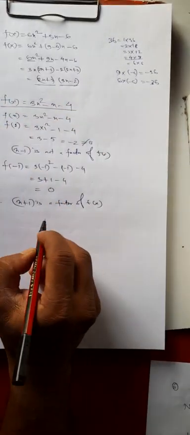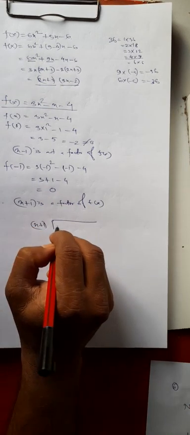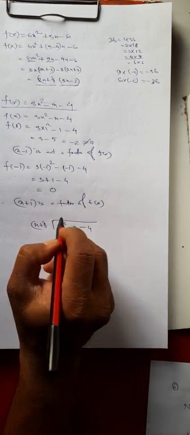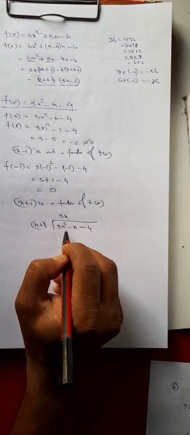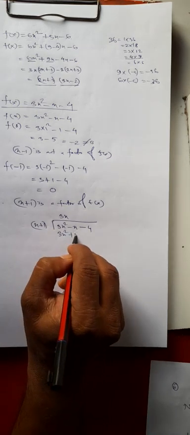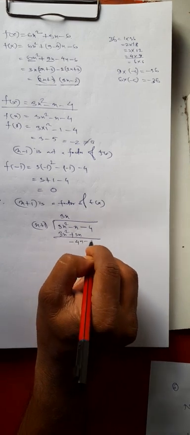So let's try to find another factor. Let's divide f(x) by x + 1. 3x² − x − 4: you put here 3x, 3x into x is 3x², 3x into 1 is 3x. Then you subtract this, you get −4x − 4.